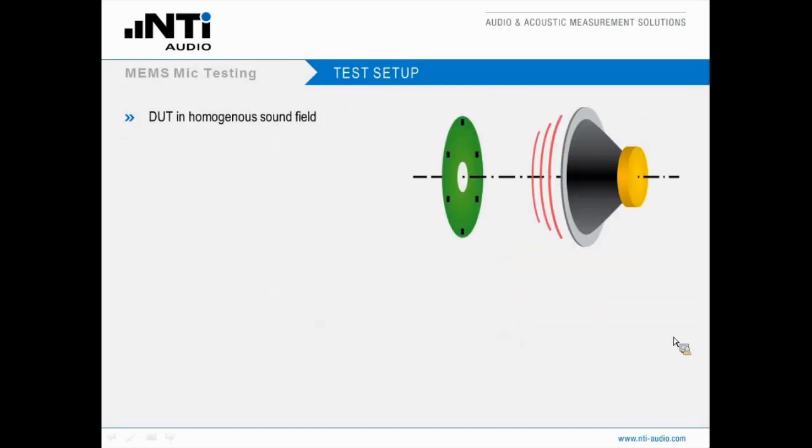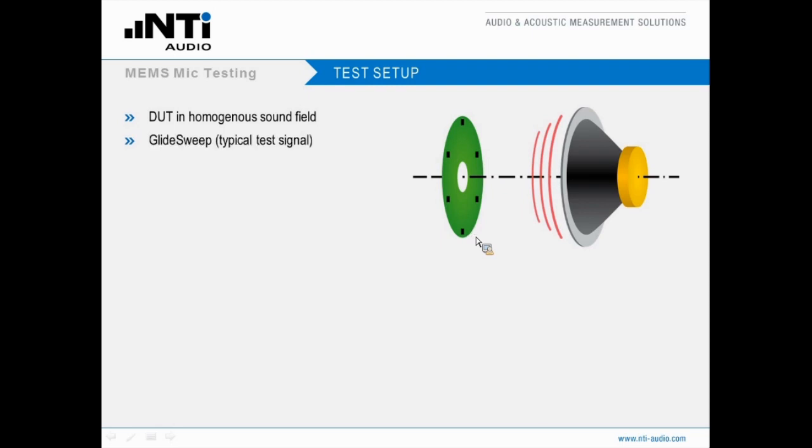How does a typical test setup look like? First, we should place our device under test in a homogeneous sound field. And for that purpose, we recommend to use a single high-quality loudspeaker that is located on axis to the device under test.